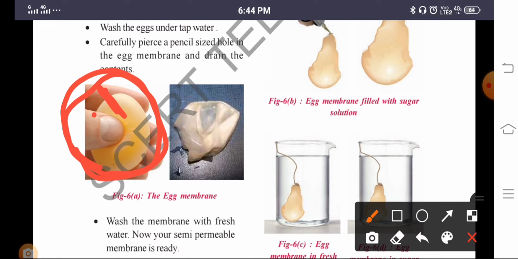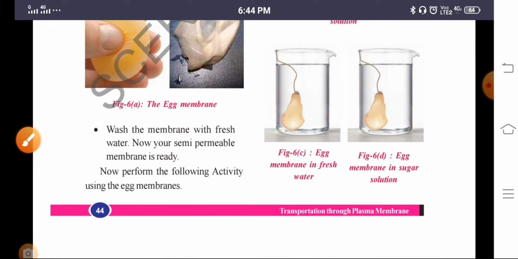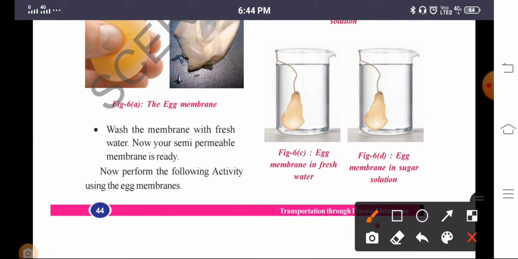After that you may see this structure. This is the plasma membrane. Then wash this membrane with fresh water. Now your semi-permeable membrane is ready. Now this acts as a semi-permeable membrane.